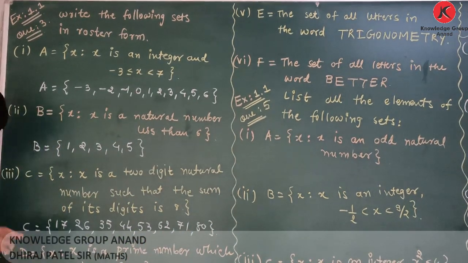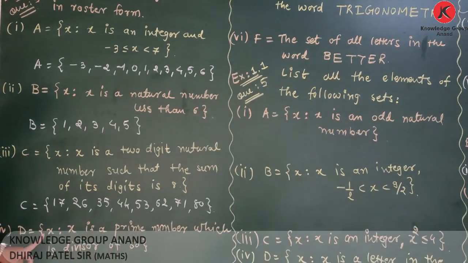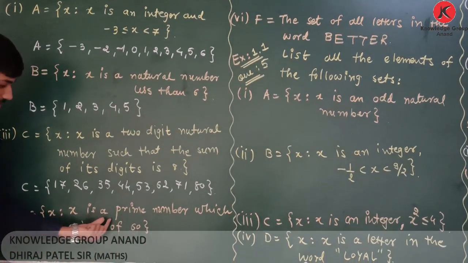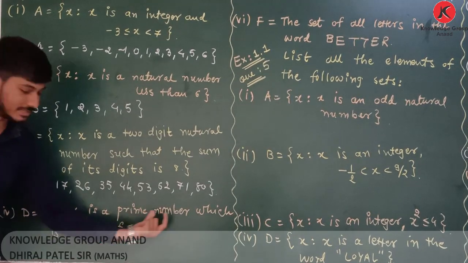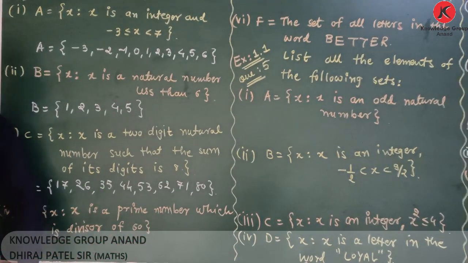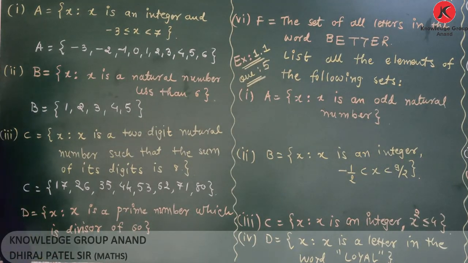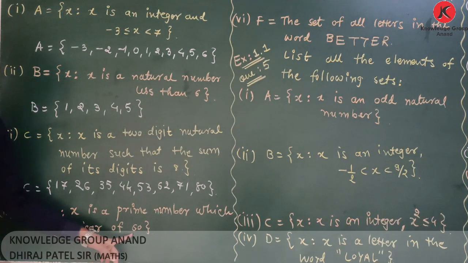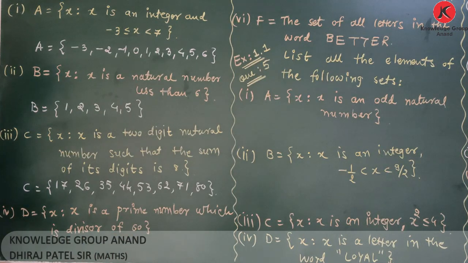Next one. D equals to x such that x is a prime number which is a divisor of 60. So first of all you have to find the prime divisors of 60. How can you find the prime divisors of 60?